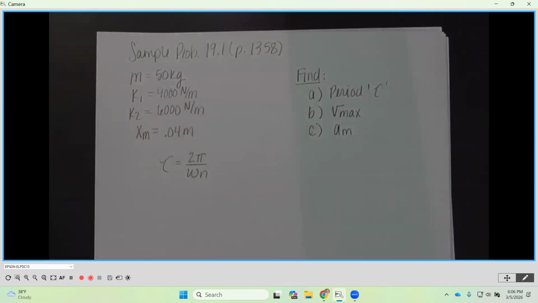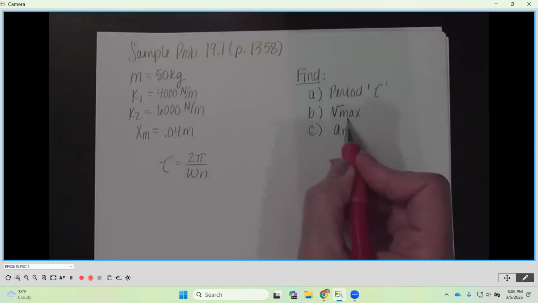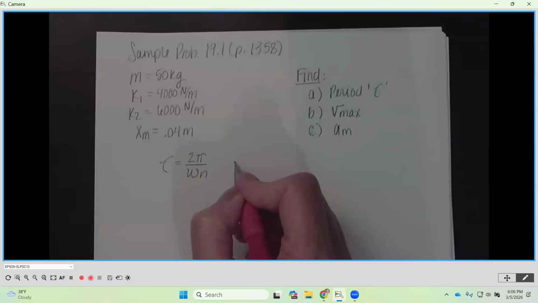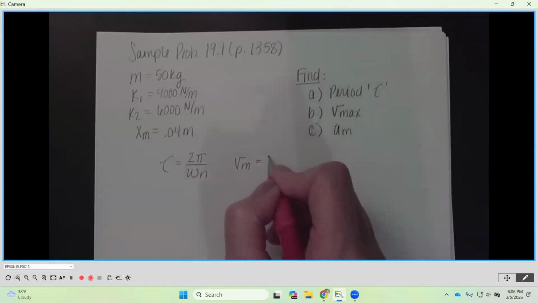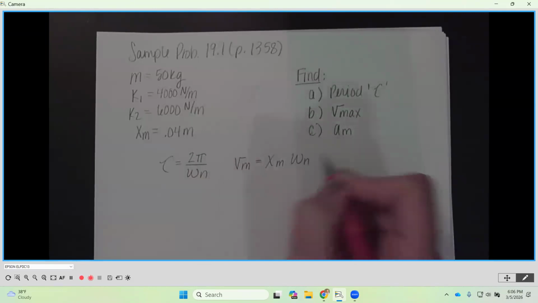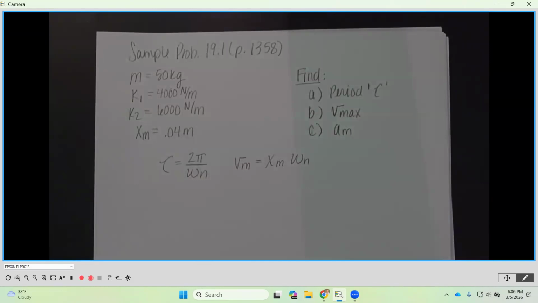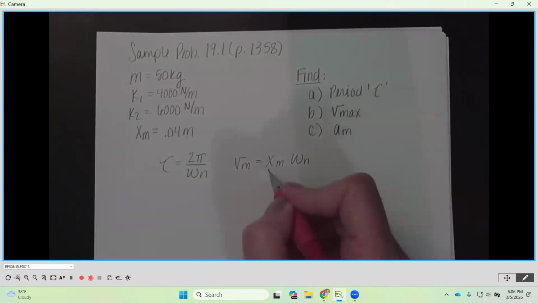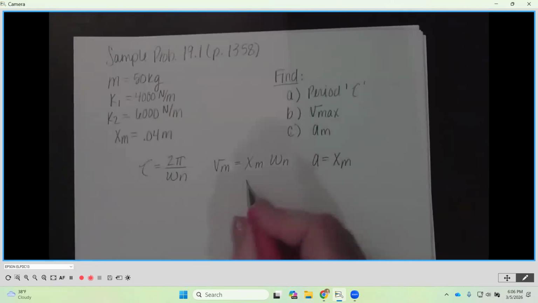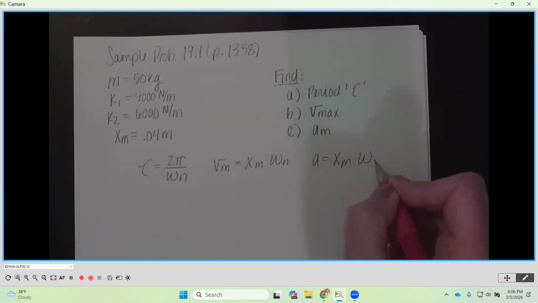For maximum velocity, looking down towards the bottom, it's my amplitude times my natural circular frequency, so V max is X M, the amplitude, times omega n. And then the maximum acceleration, if you remember it, is actually easy: the amplitude times the natural circular frequency, but squared.